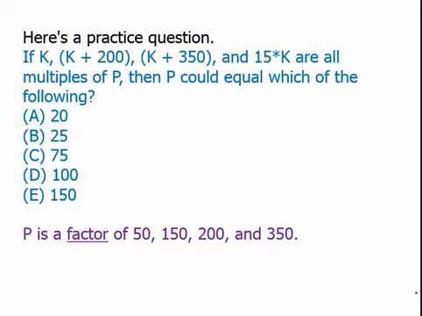But notice that all four of those numbers are divisible by 25. 25 is the only number on the list that divides evenly into 50, 150, 200, and 350. So it's the only one that is clearly a factor of all four of them. Therefore, that has to be the answer.